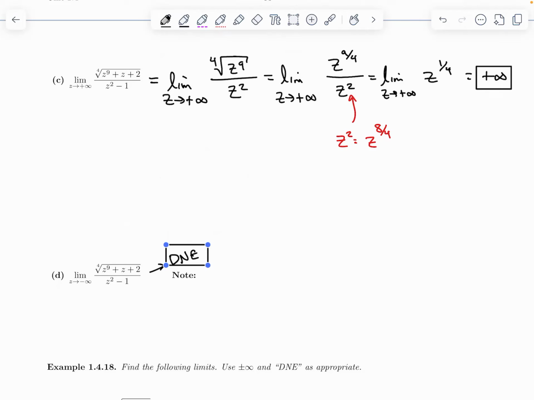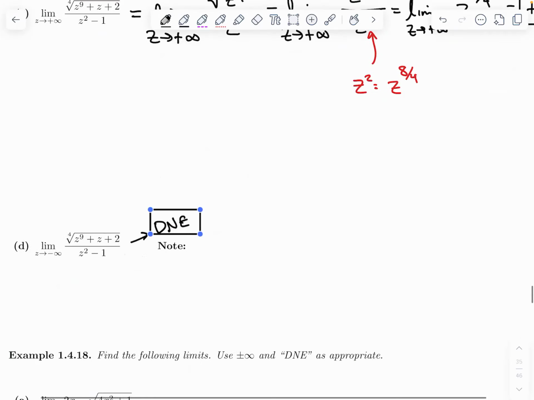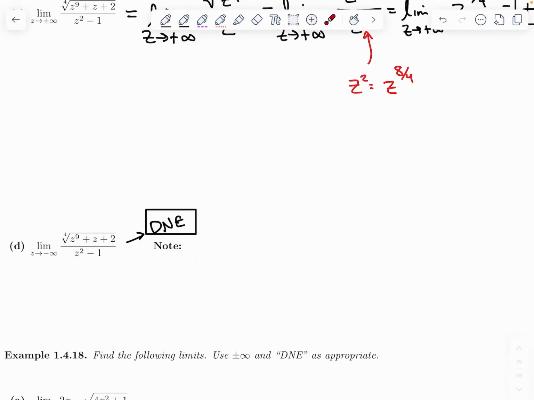Keep in mind, the z is approaching negative infinity. What will z to the 9th approach if you approach negative infinity? Negative infinity as well. So I'm going to highlight that.